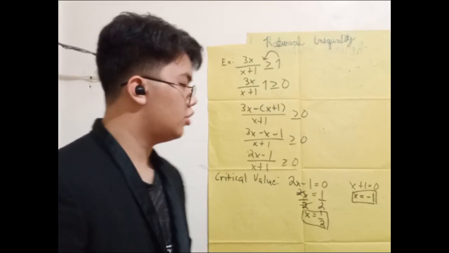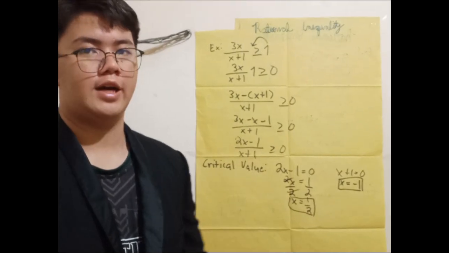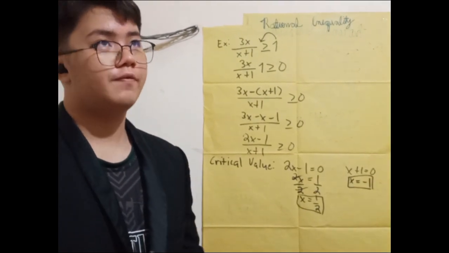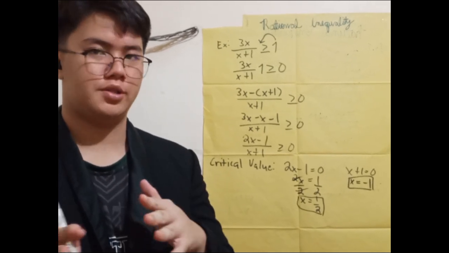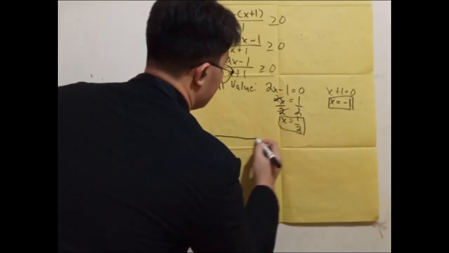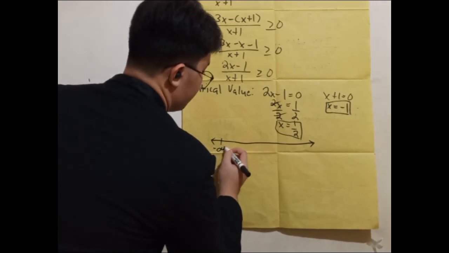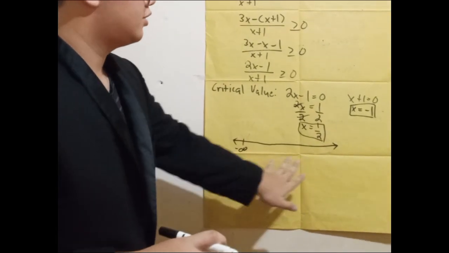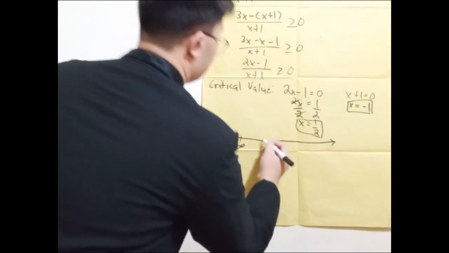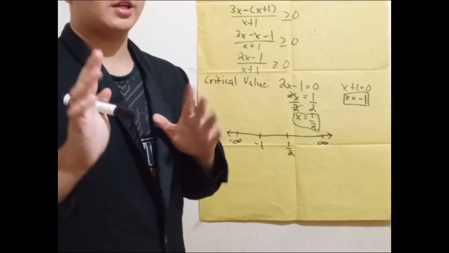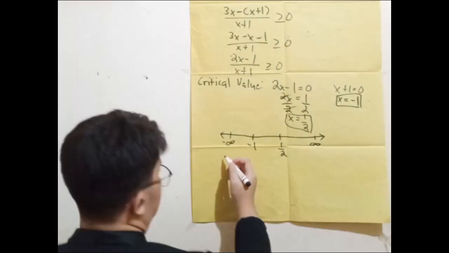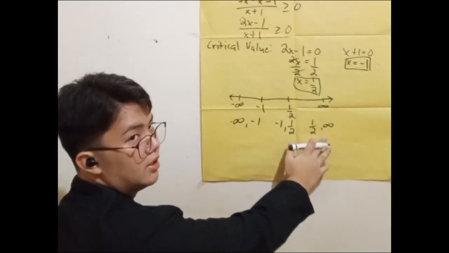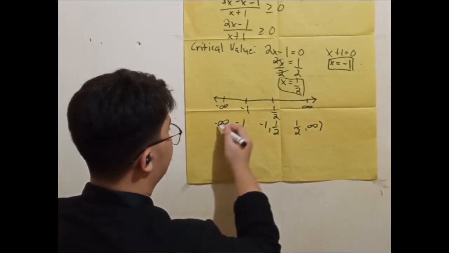To help us solve this inequality, let's draw a number line. The number line can help us divide the set of real numbers into intervals. Basically, this is negative infinity. Negative infinity and infinity should always be on the number line, and always in parentheses.